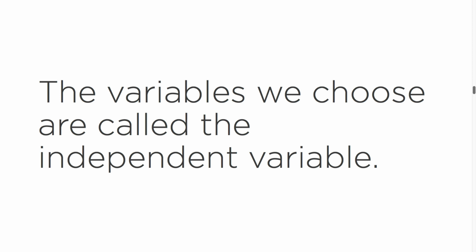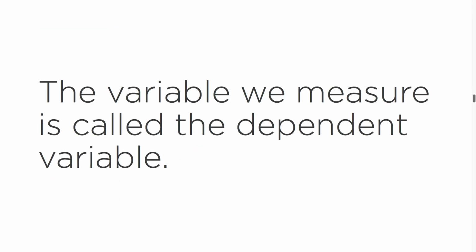So for every 500 meters, we measure the speed. For every 5 minutes, we measure the distance. If we say every 5 minutes, we're going to measure the distance that the car has traveled, then the independent variable in this case is the time because we are choosing when to measure. We're measuring every 5 minutes. So that becomes the independent variable.